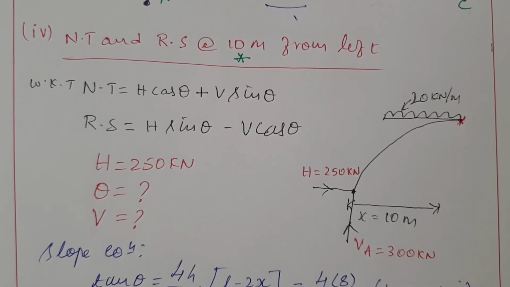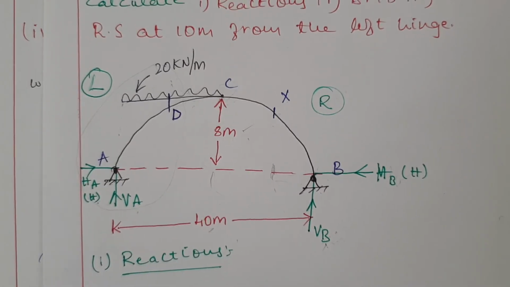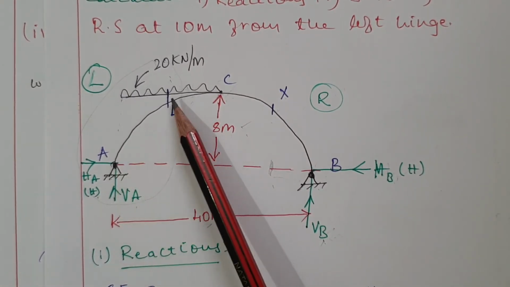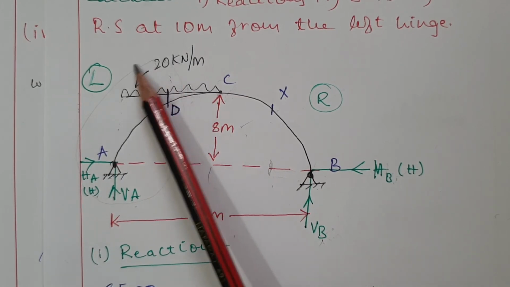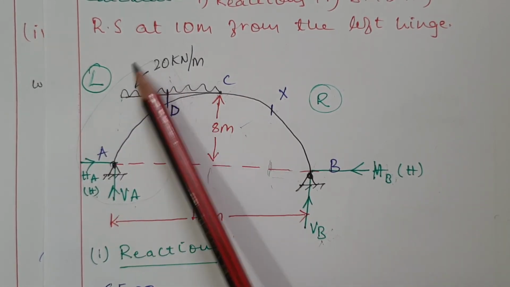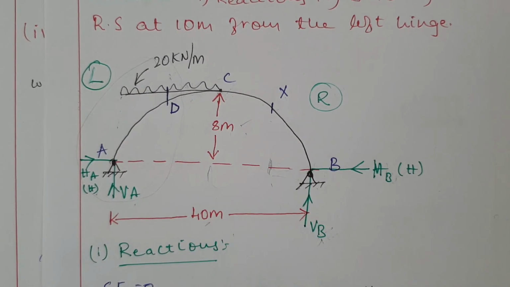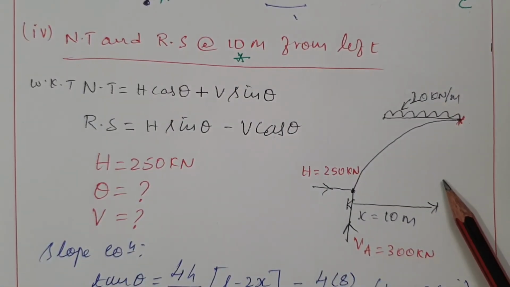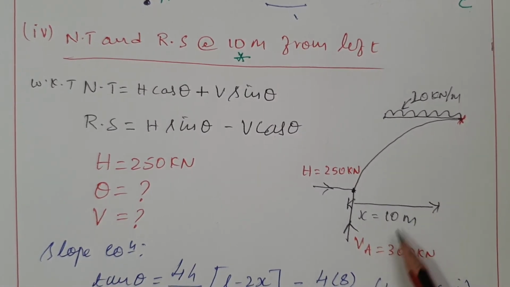After drawing the bending moment diagram, the next step is to find the normal thrust and radial shear. To find them, you have to consider the section with respect to the left support, as given clearly in the problem. From the left support to 10 meter, it is this point. Once again I am considering the same figure. Here to here distance is 10.